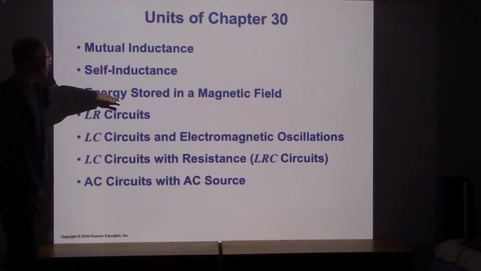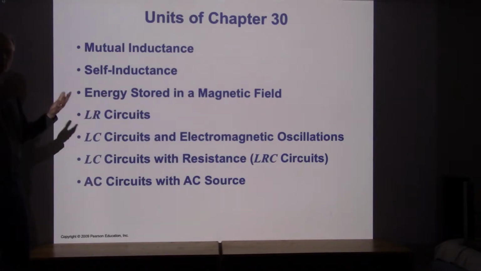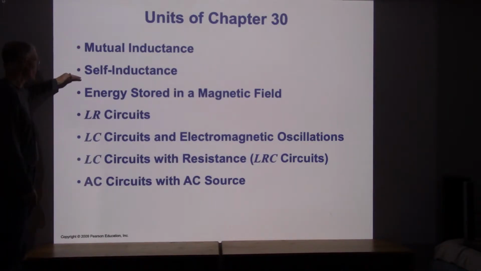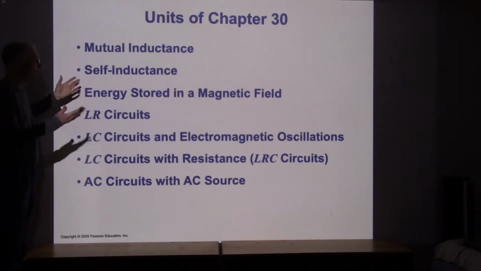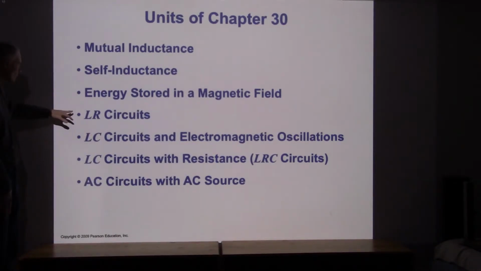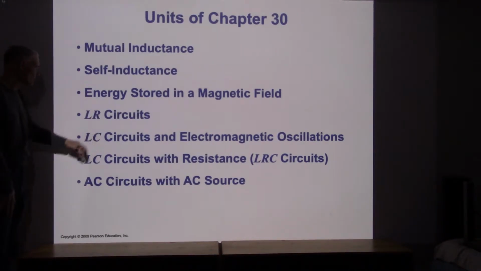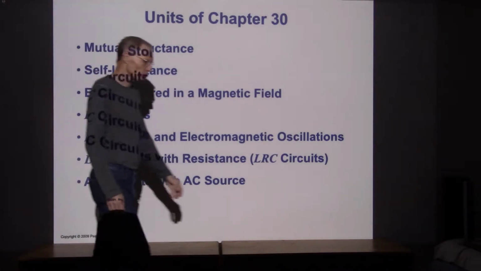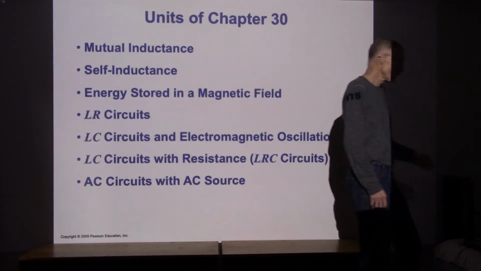Very briefly, we're going to look at magnetic field energy storage, how much energy is stored in a magnetic field, and then it's on to circuits. So mutual and self-inductance, magnetic field potential energy, and then we're going to look at LR circuits, the L standing for inductors, LC circuits, LRC circuits, and then finally AC circuits, where we have an AC power supply.